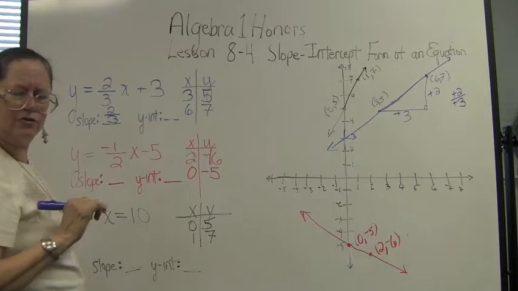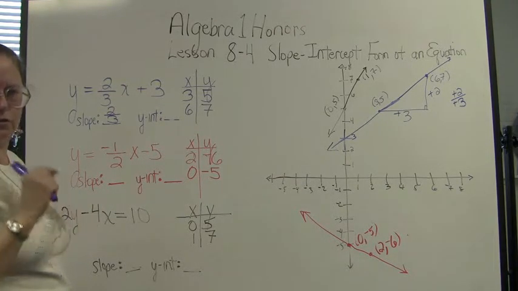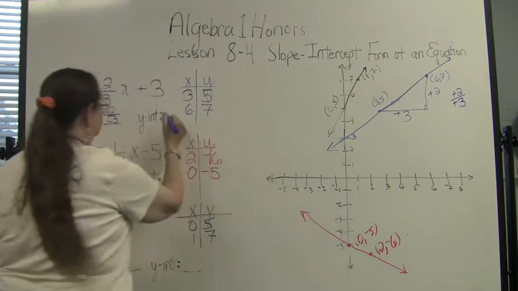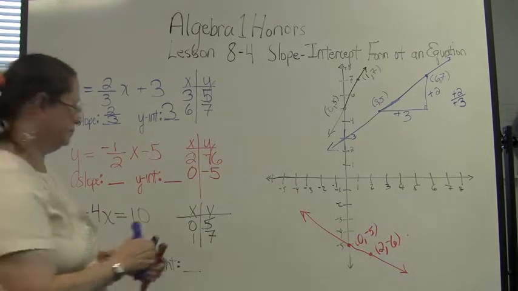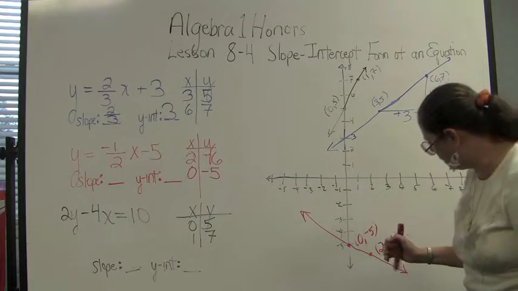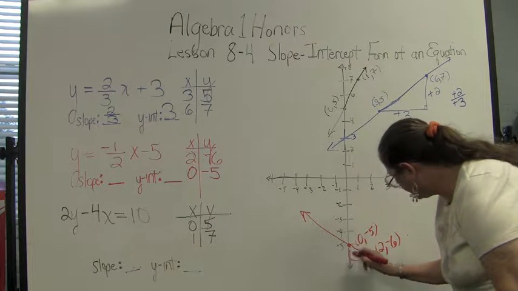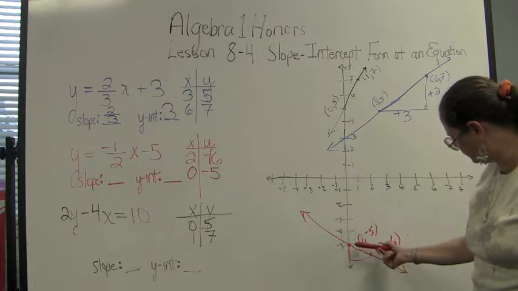And its y-intercept is simply where it crosses the y-axis, the number or the coordinate, which happens to be 3 right here. And now let's do the red line. Okay, the red line, let's draw our little right triangle here. And our vertical change, we're going from -5 down to -6.